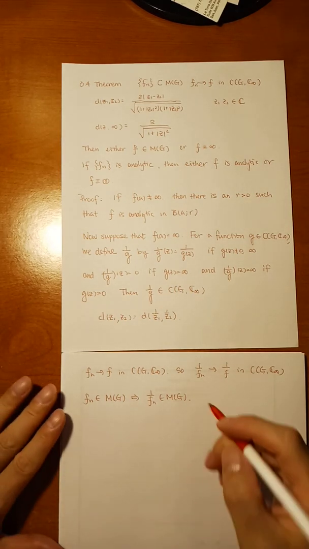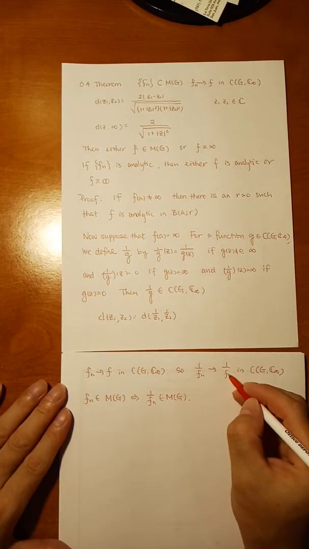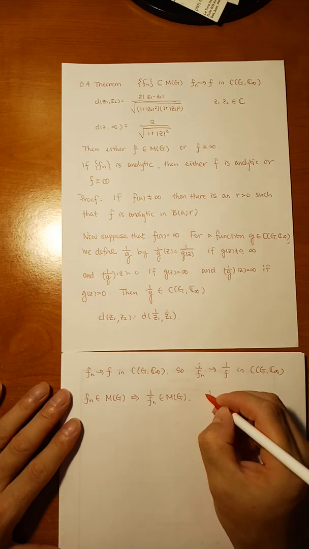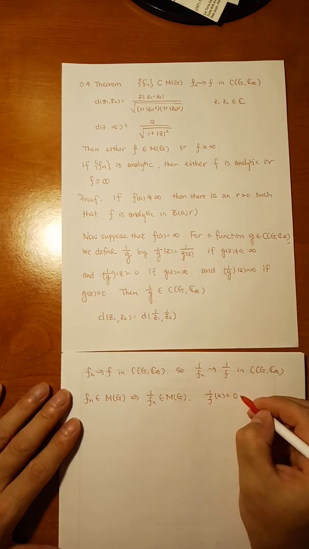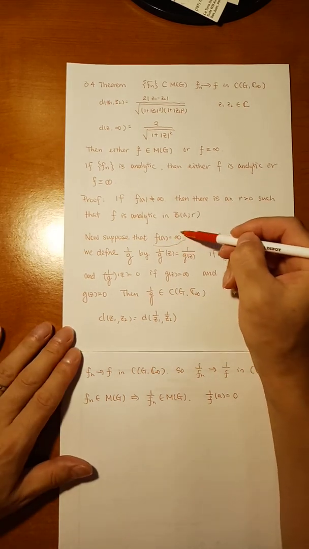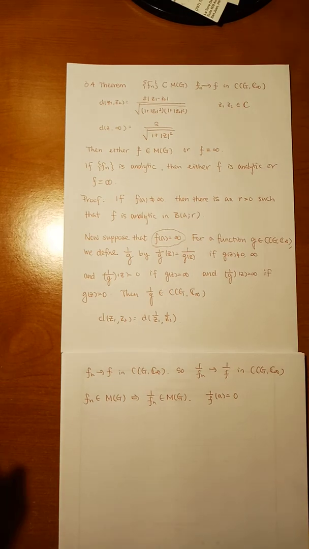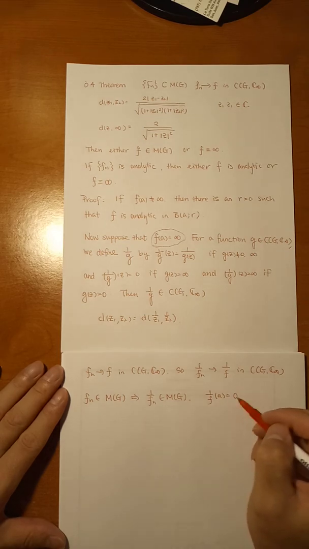So this implies 1/Fn approaches 1/F, and remember that (1/F)(a) is equal to what? It is equal to 0, right? Because we assume here f(a) is infinity, so 1/F evaluated at a is 0. So this is not infinity.